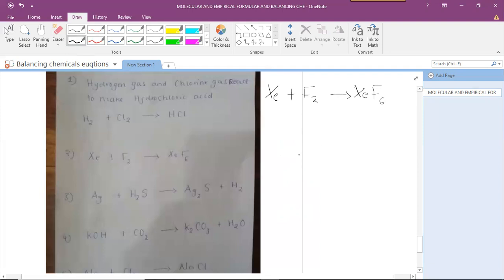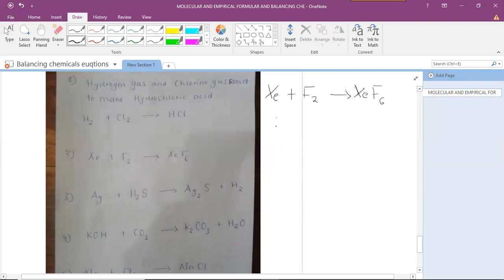Don't mind the names as such. Focus mostly on balancing the equation, because even in the exam, some names, some compounds will be complicated to pronounce. But as long as you've written the correct form, everything will be okay.